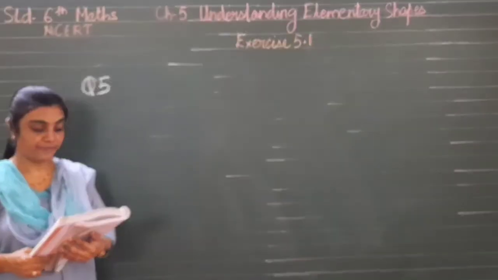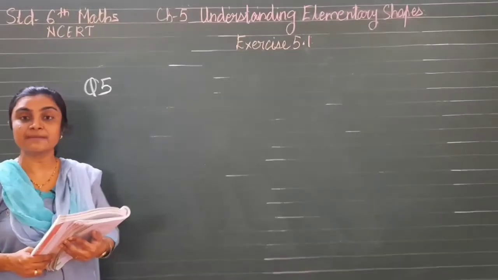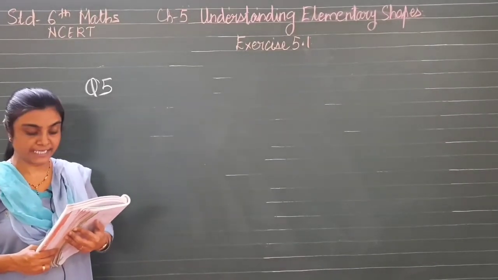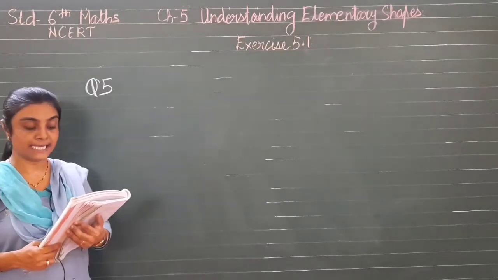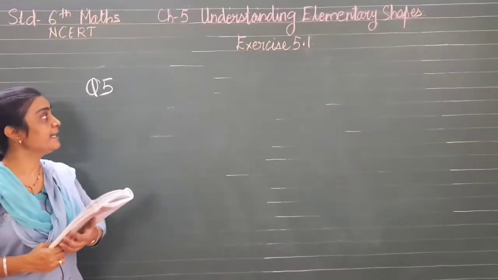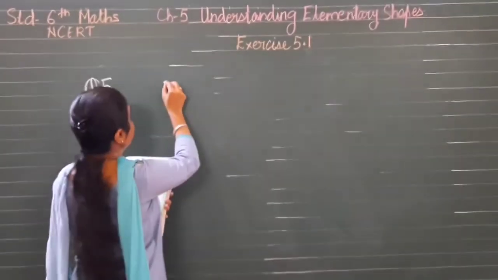Question number 5. Verify whether D is the midpoint of line segment AG. Now we have to prove whether D is the midpoint of line segment AG. So let us draw the figure first.